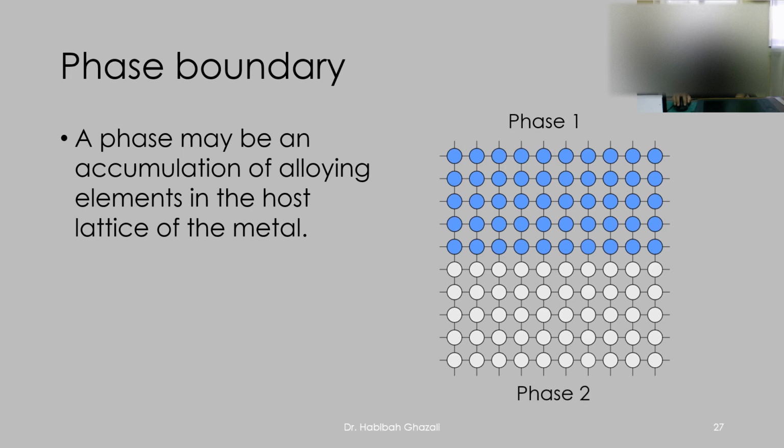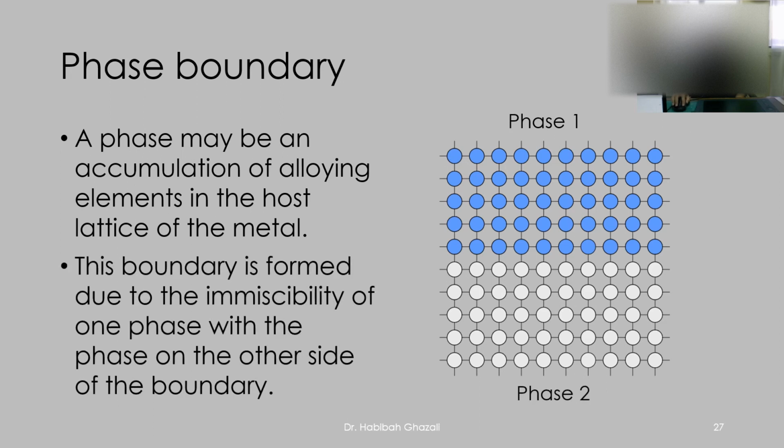So this is phase 1 with phase 2, and in between them, the region where they meet, is what we call the phase boundary. This boundary is formed due to the immiscibility of one phase with the other on the side of the boundary.